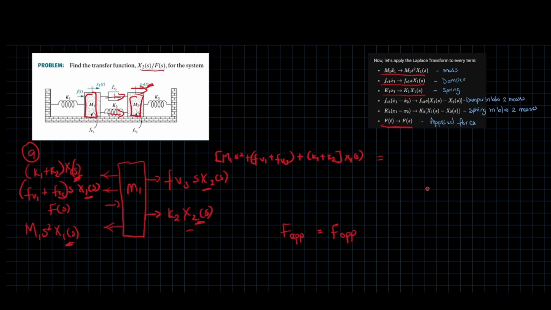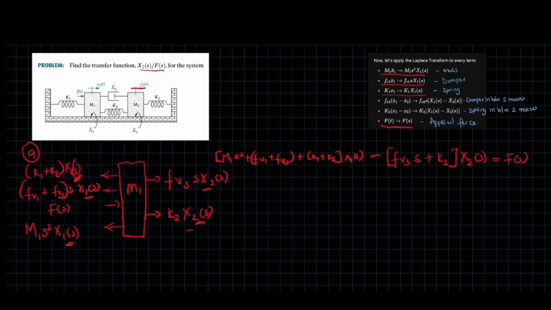So it will be Fv3 s plus K2, sorry, I forgot the s, times x2(s), plus F(s). Now you can take this to this side, so it will be negative. So I'm just going to erase it and put equals to here. I just took this to the other side. So now this is our first equation.